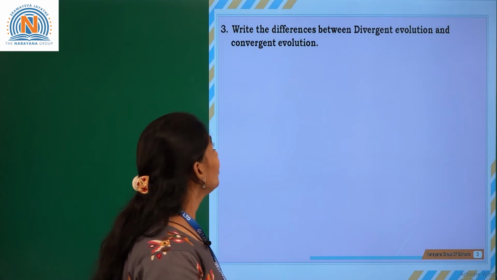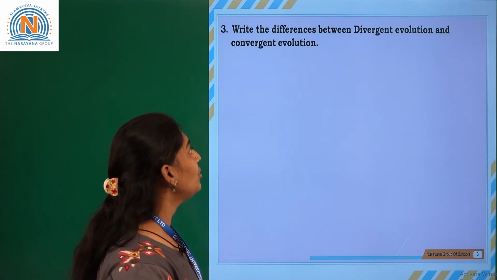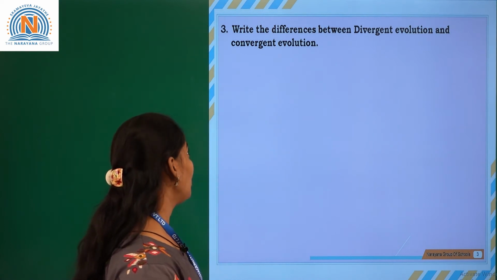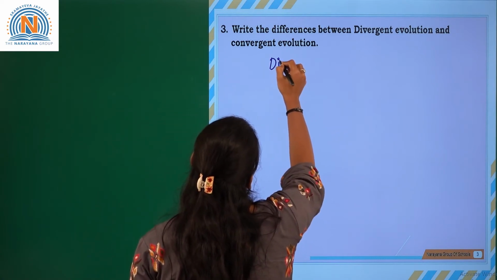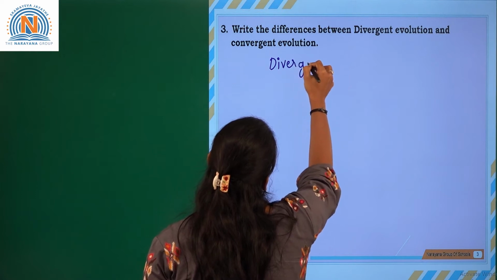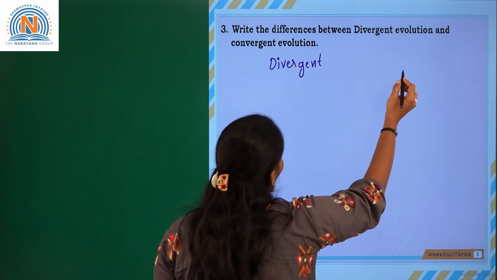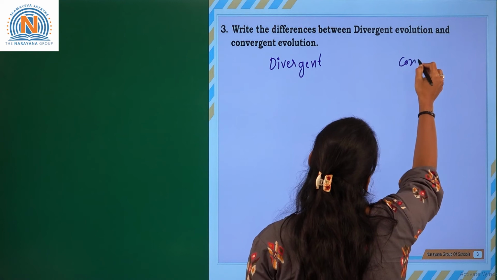The next question is, write the differences between divergent evolution and convergent evolution.